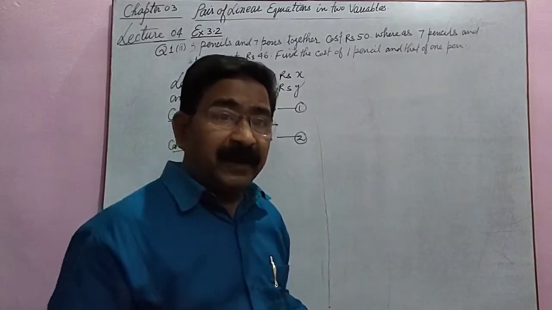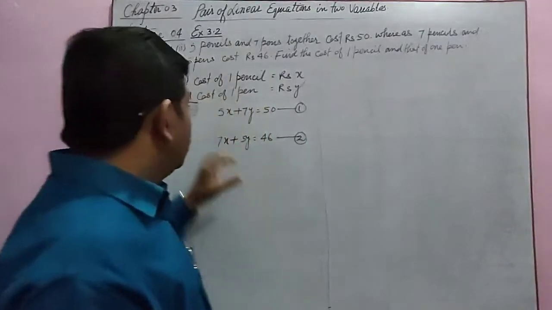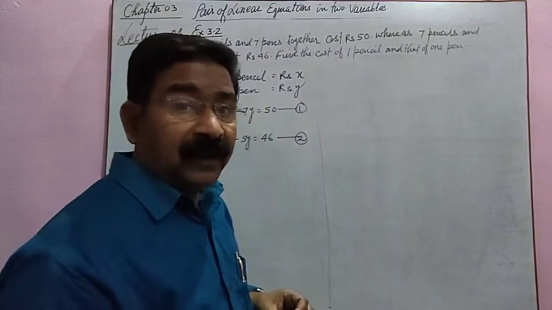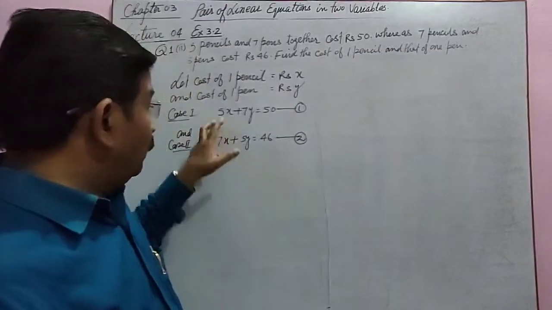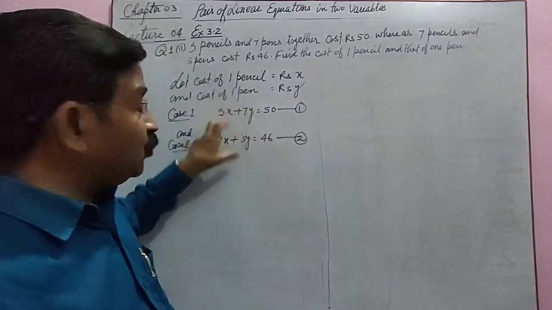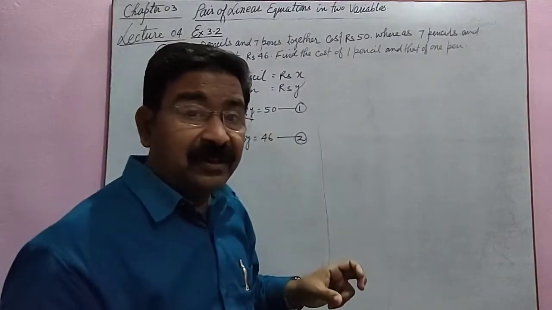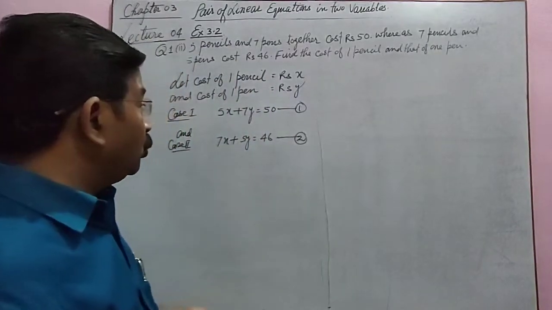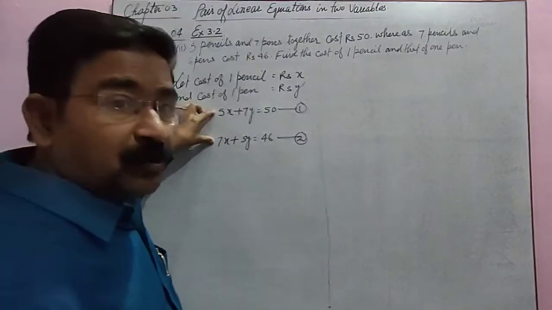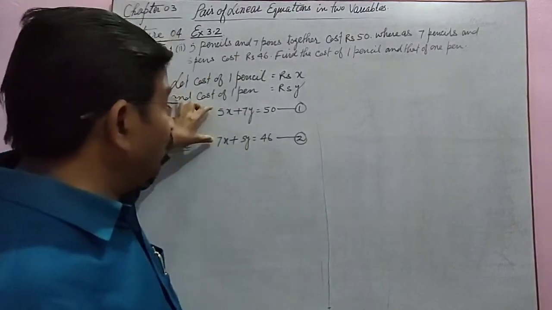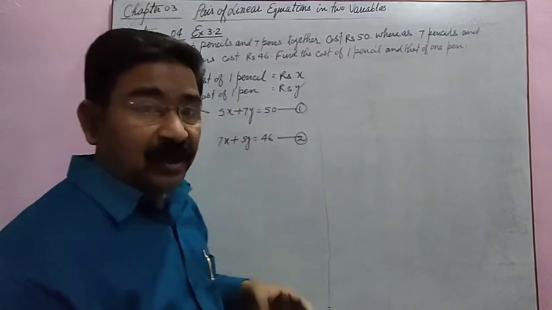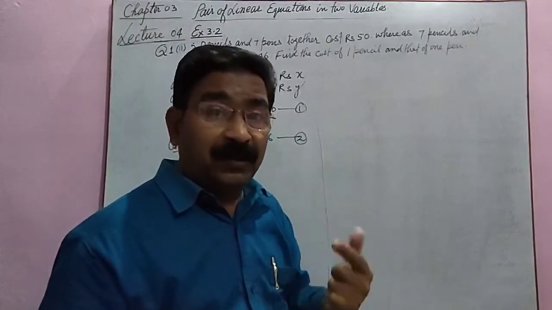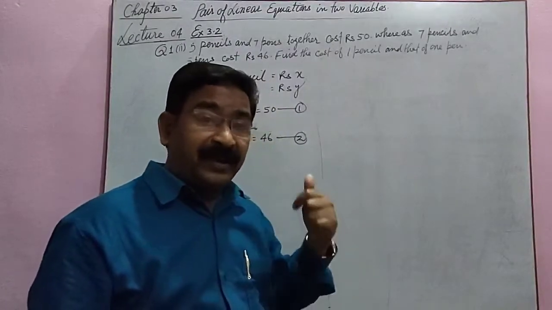And here is a method, means you can change this equation into simple form. And the criteria, whenever the coefficients of two equations are interchanged, then this will be applied. So what to do? You can add these two equations once, and once you can subtract the two equations. You will get two simple equations which will help you in the solution of the equation, whether you are plotting the graph or you are finding the solution.